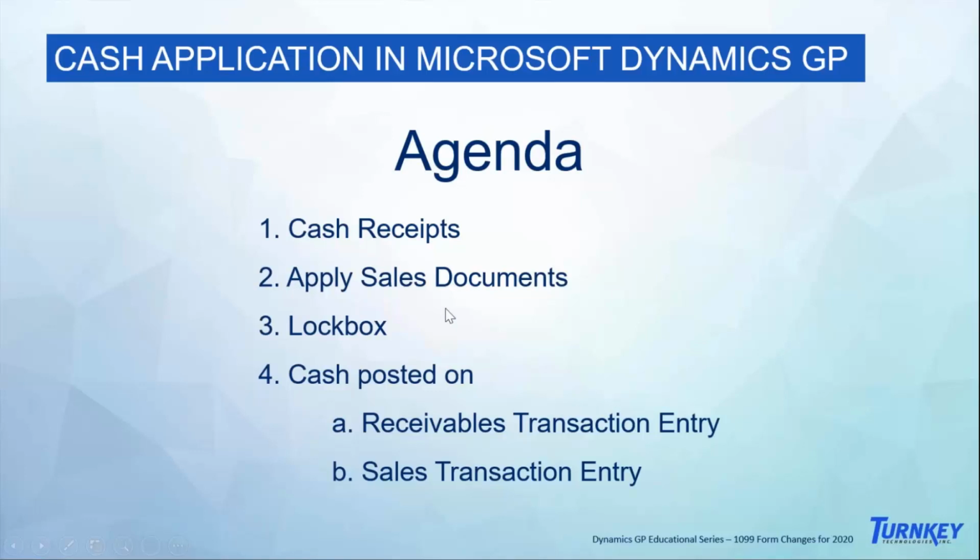How do you deal with situations where you didn't apply your cash receipt initially? We're also going to talk briefly about Lockbox and cash posting on receivable transactions and sales transaction entries. Although those are not the point of today's session, I just want to make sure we mention them so you understand the functionality of those and how they relate to the cash receipts transaction.